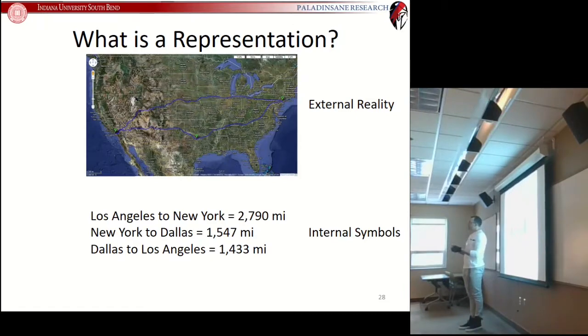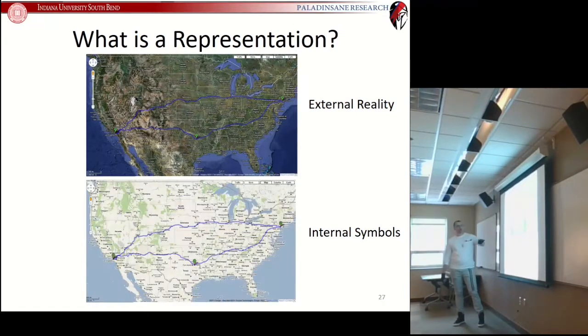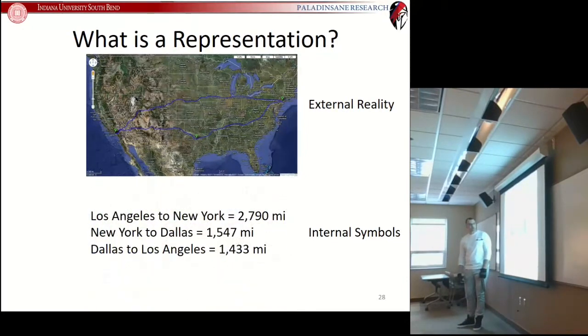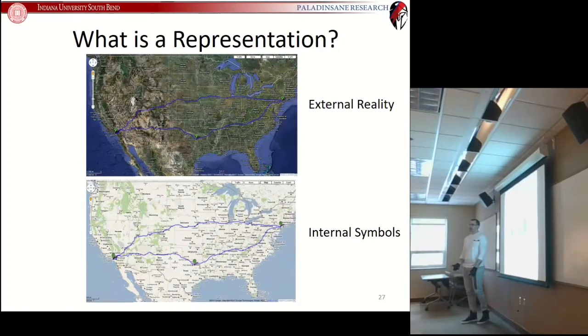And we as psychologists don't know which one of those it is by introspection, by looking inside, but we do know by setting up the experiments that form research psychology. We can figure out which internal symbol is being used by asking somebody, what's the distance between Los Angeles and New York?